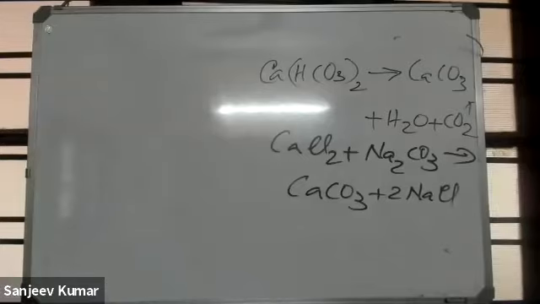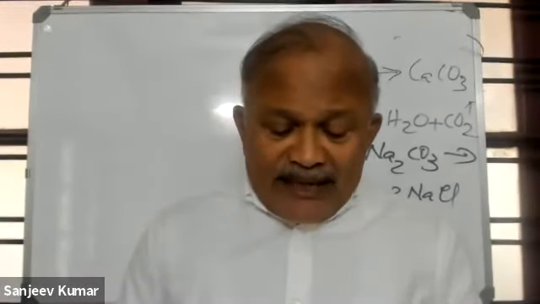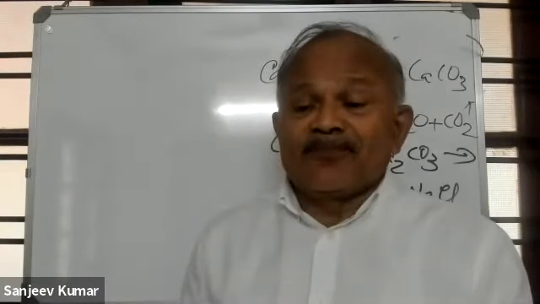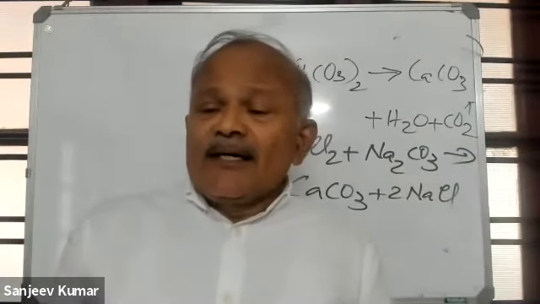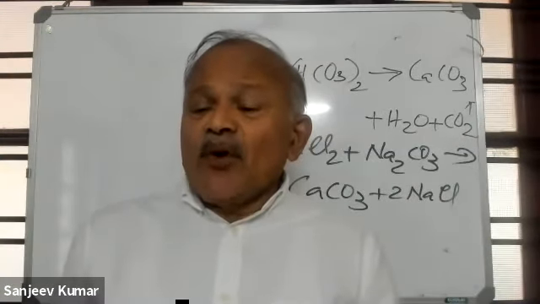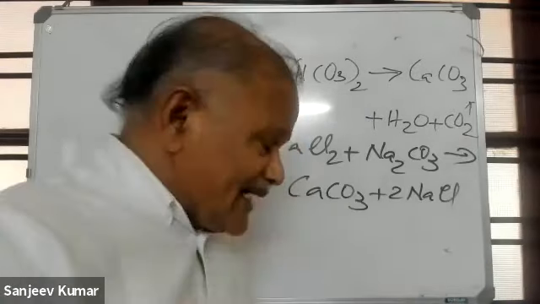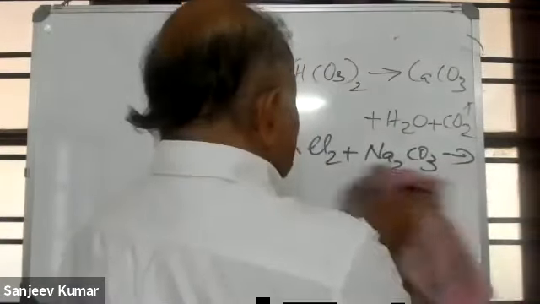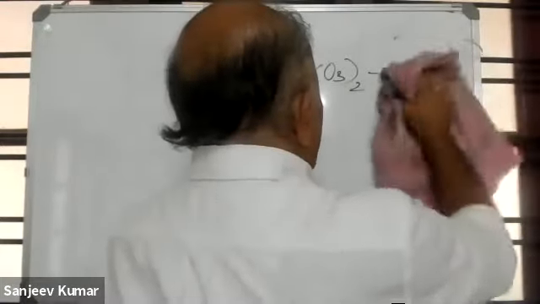Anyway, the second question is, why do calcium ions make water hard but sodium ions do not? Soap is nothing but the sodium or potassium salt of higher fatty acids, that is stearic acid, palmitic acid, etc. Stearic acid is C17H35COOH.